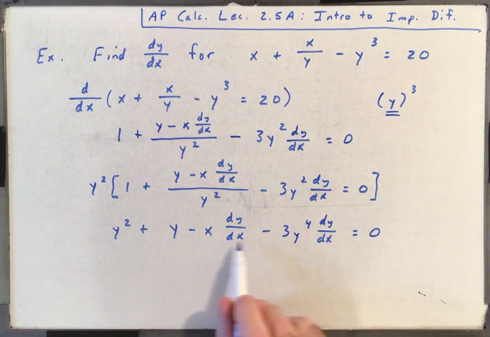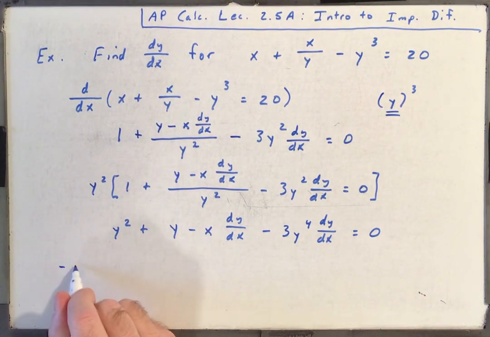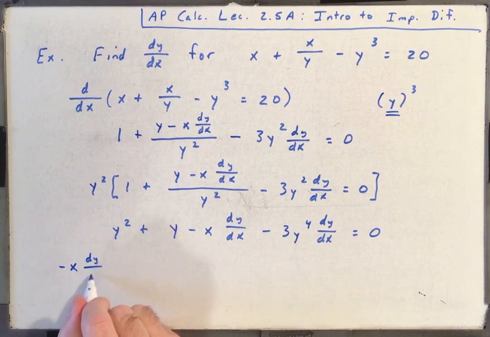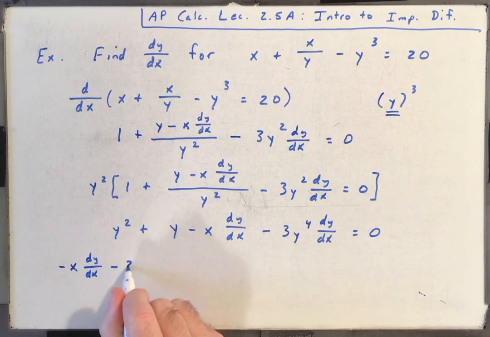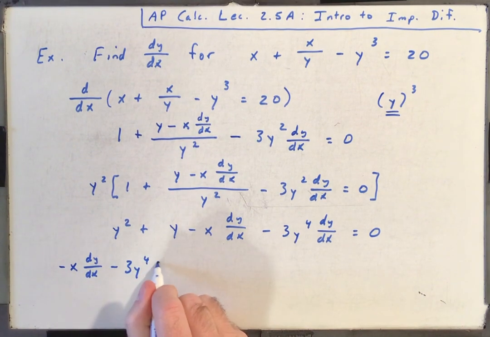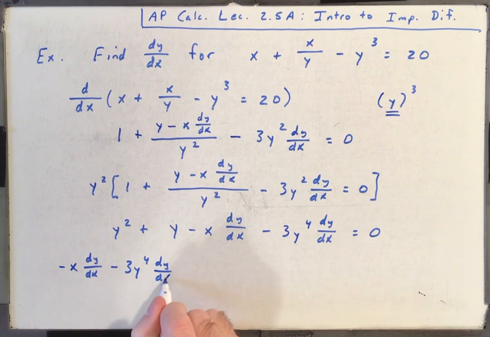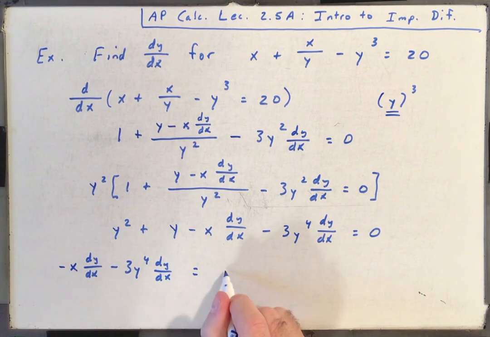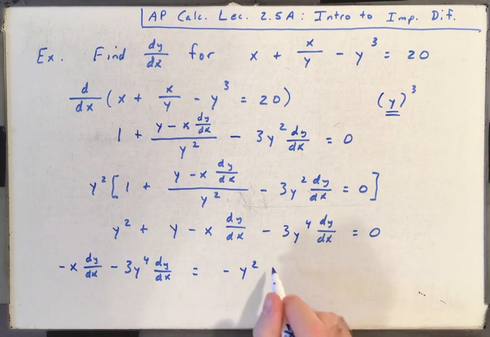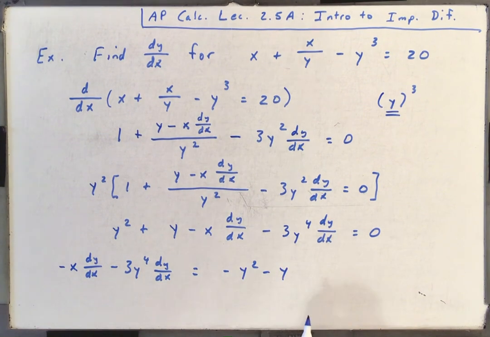Now let's gather all the dy/dx's on the left. So I have negative x dy/dx minus 3y to the 4th dy/dx is equal to negative y squared minus y.